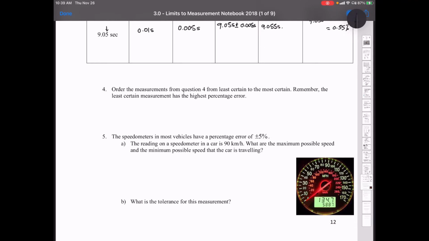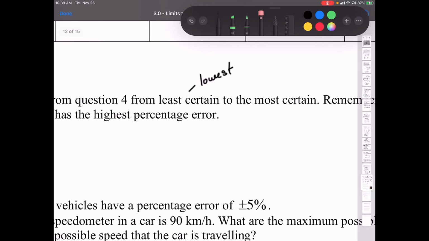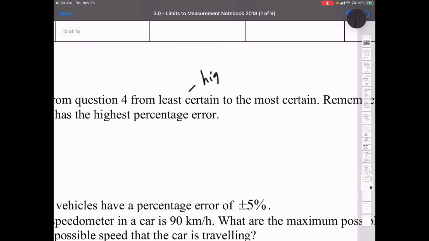They're pretty straightforward. Next, we want to order the measurements from question 4 from least certain to most certain. Least certain, we're looking for the highest percent error. And the most certain would be the lowest percent, like so.